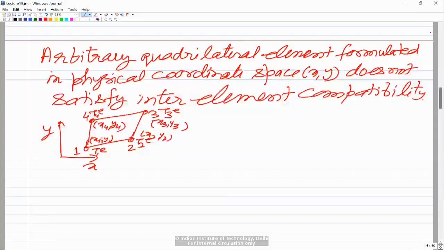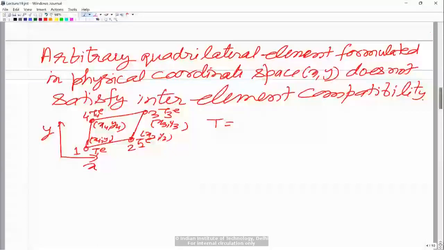For this, if you look at the approximate solution again, the temperature values are there as degrees of freedom at the nodes, which are primary variables. There are four degrees of freedom for the element as a whole. So we can take the approximate solution which has four terms, and of course that will satisfy the differentiability requirement within the element.